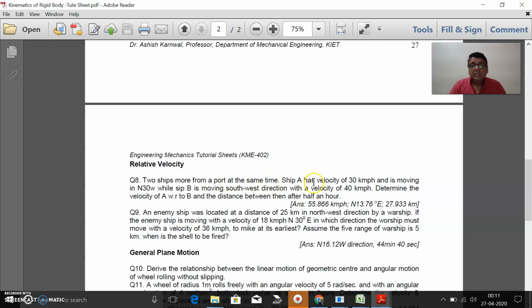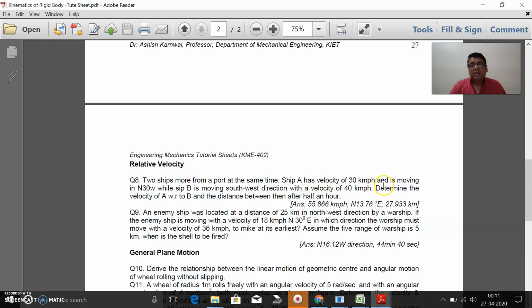Ship A has a velocity of 30 km per hour and is moving north 30 degree west, while ship B is moving in the southwest direction with a velocity of 40 km per hour. See, when we say southwest, it is very easy, that is between south and west. Velocity is 40 km per hour, and determine the velocity of A with respect to B.